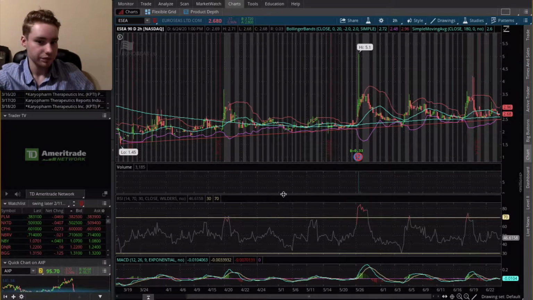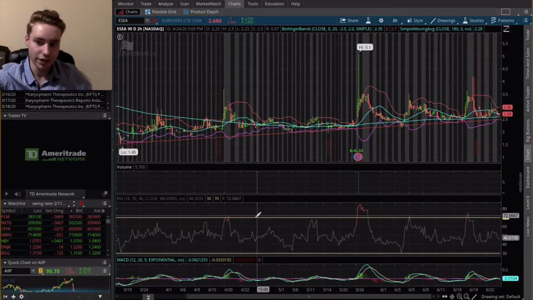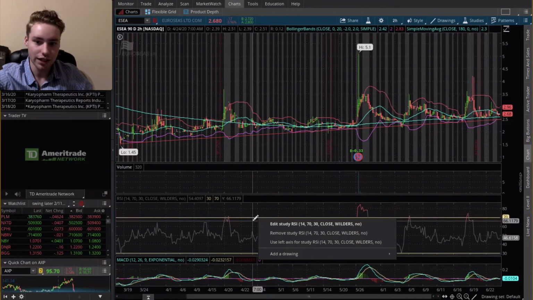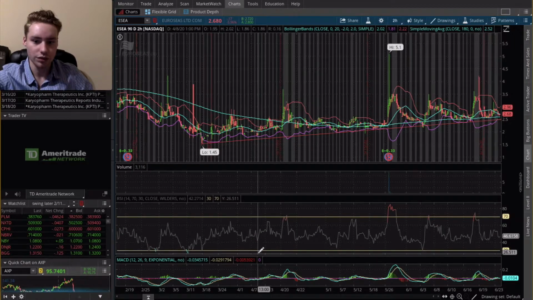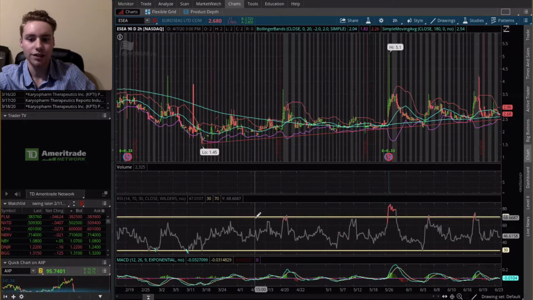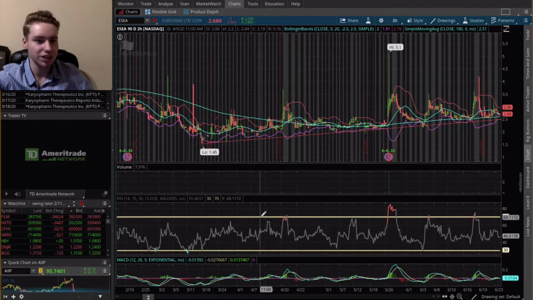Well, we can see here that I have my limits set at 70 and 30 on the RSI. These two yellow lines here, as you can see, and this is pretty standard.